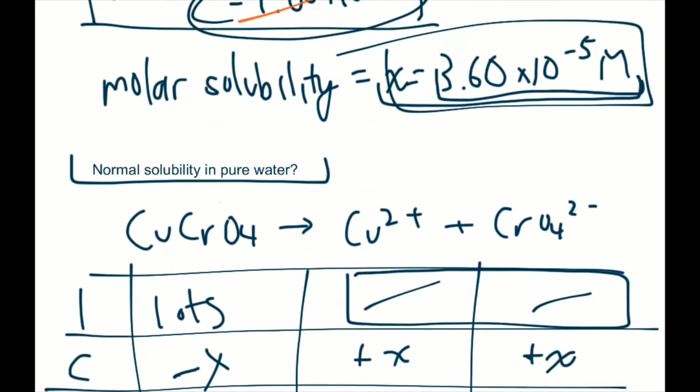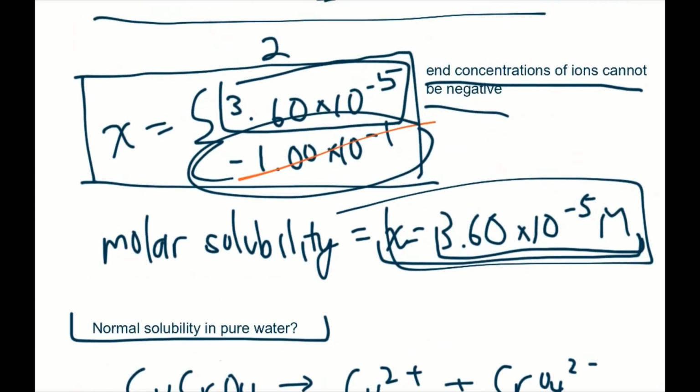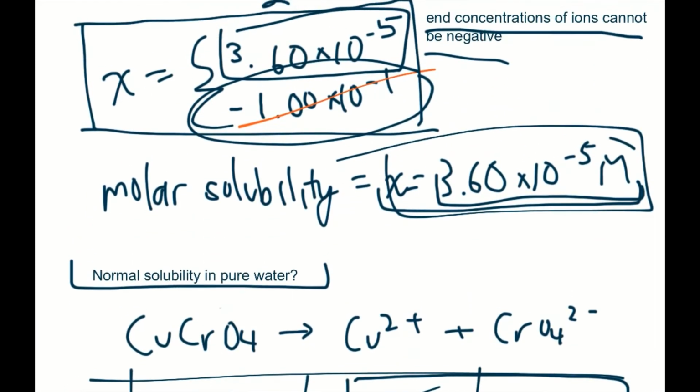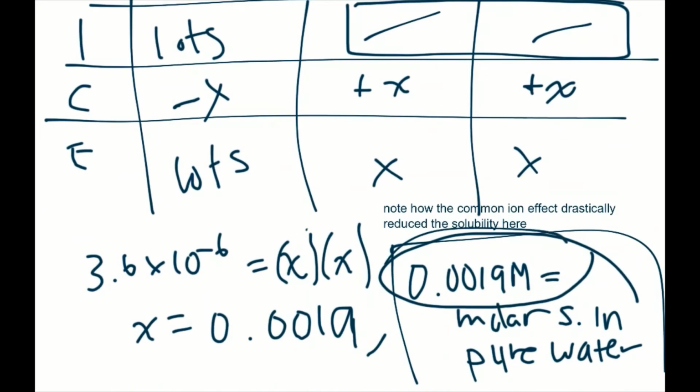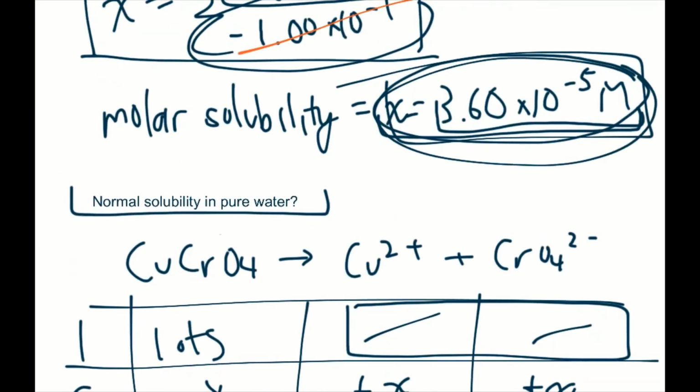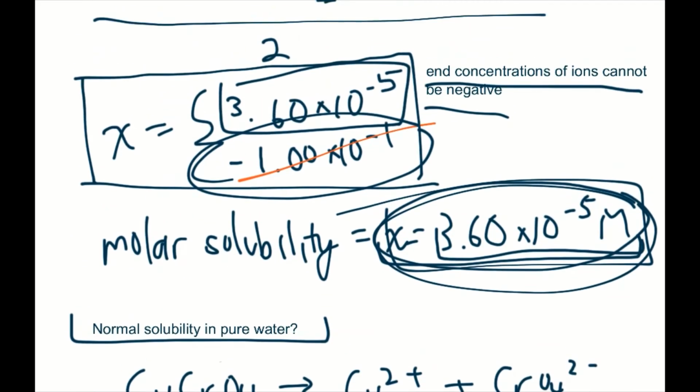So notice how by having an ion to start with, our molar solubility went all the way down to 3.60 times 10 to the negative 5 molar. These are magnitudes of difference. So this is how the common ion effect works. By having a common ion, you're decreasing the solubility of the salt.